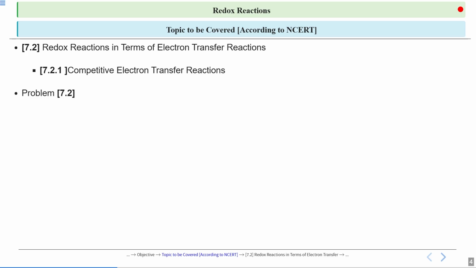Then there would be problem number 7.2 of NCERT. And then there will be a summary for the whole lecture. We will summarize all the concepts related to the electron transfer reactions and redox reactions in a short manner.